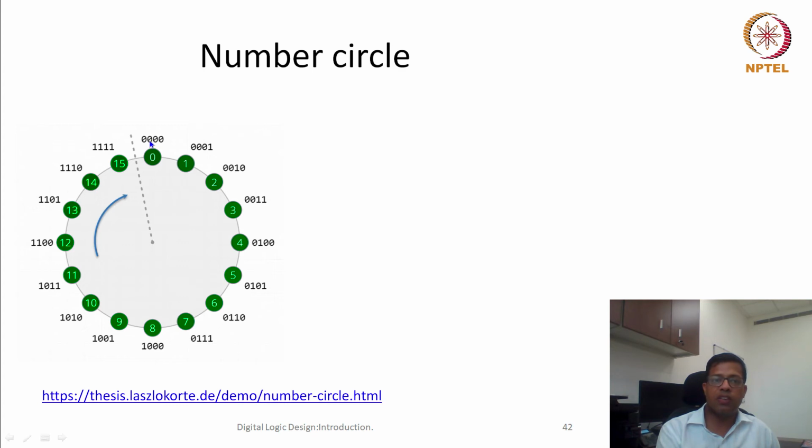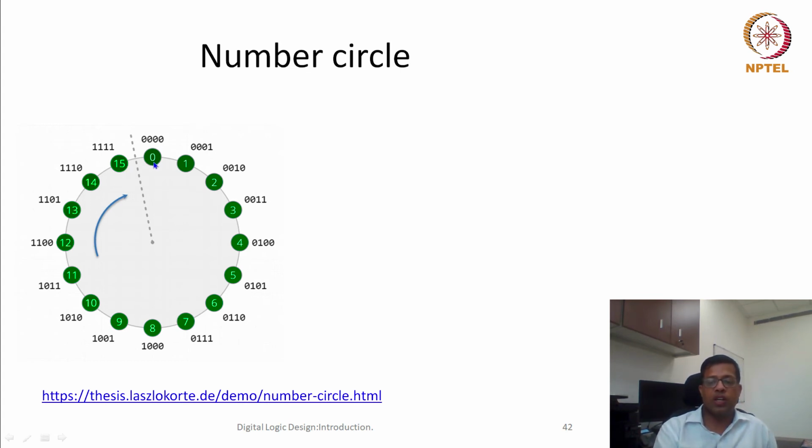I will first of all write 4 zeros, that will be the top of this circle, and every increment will give me the next number in a clockwise direction. So increment from 0 to 1 is the next point in the circle, 1 to 2, 2 to 3. Similarly, every addition moves me around the circle, and when I reach 15 and again add 1, it will become 0.